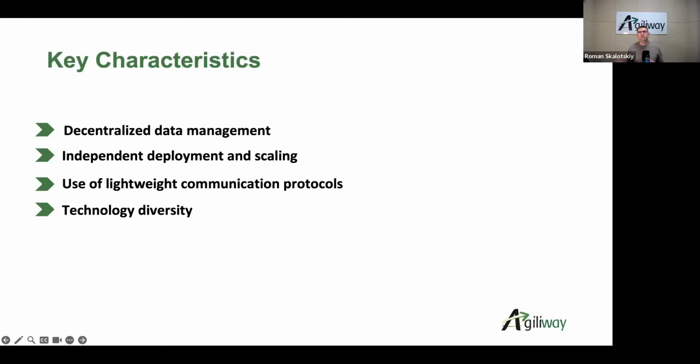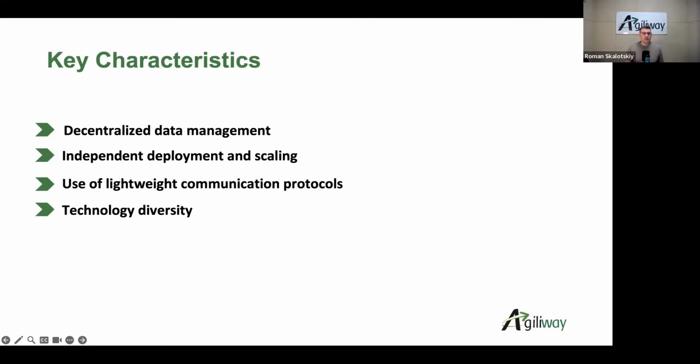Protocols such as HTTP, HTTPS with RESTful APIs, gRPC, and messaging protocols like MQTT are commonly used to meet these needs. And despite their benefits, using lightweight communication protocols requires careful consideration of security, data consistency, and error handling to ensure robust and reliable service interaction in the system.